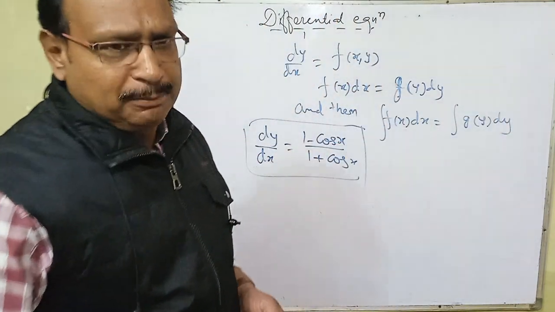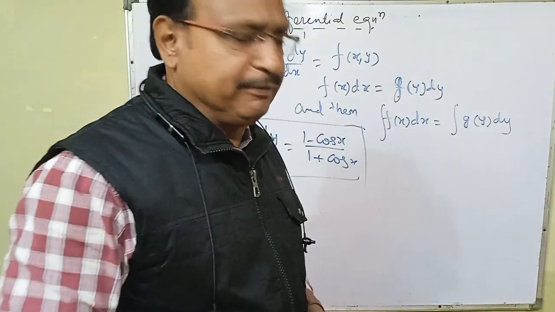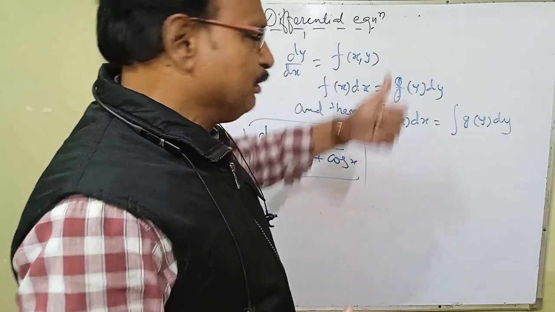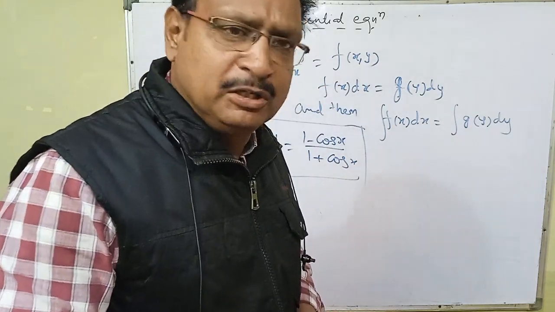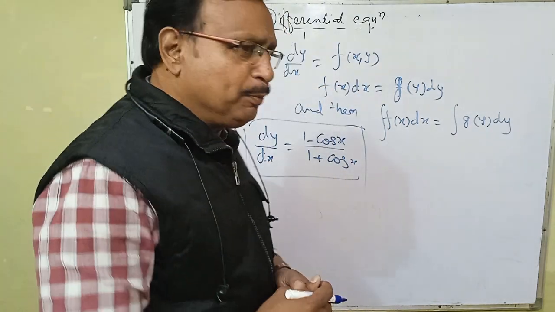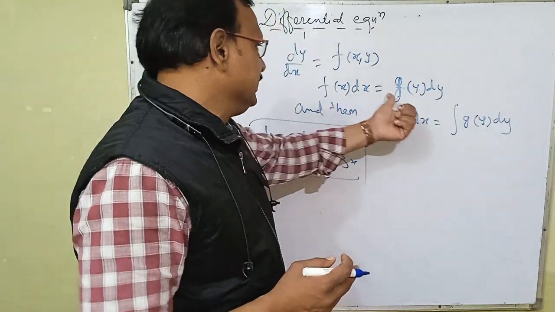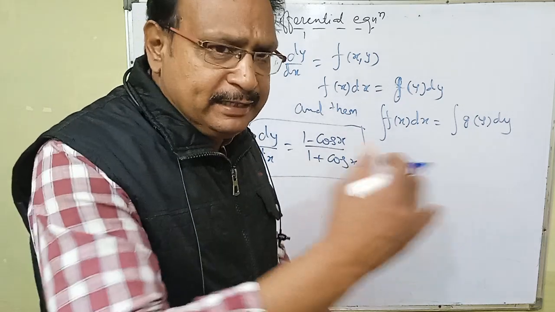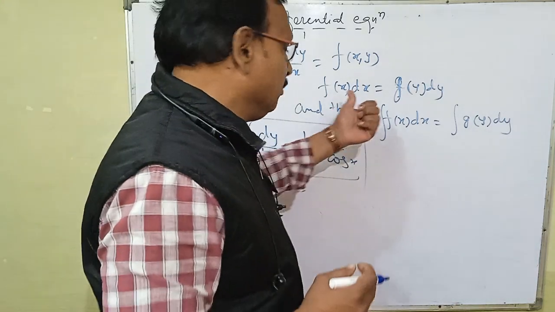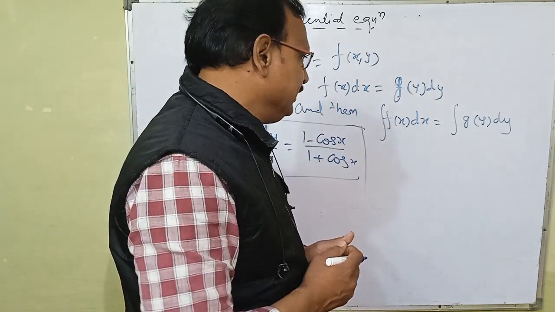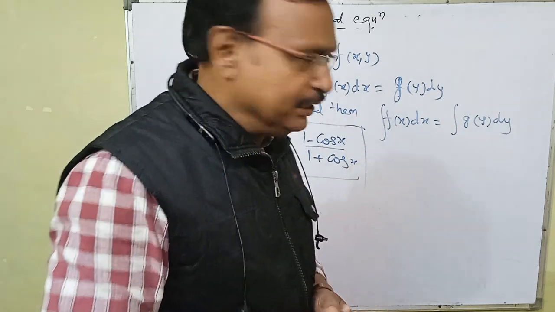This is the working rule for this type of differential equation. dy by dx is equal to f(x, y), which contains x and y, two variables. We have to separate its variables, f(x) dx is equal to g(y) dy, and then we have to integrate both the sides.